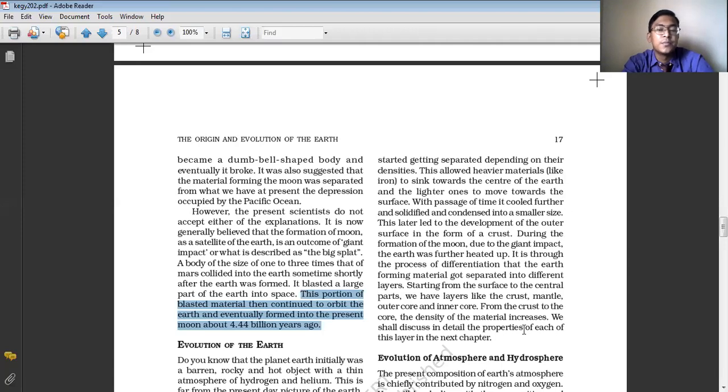Different scientists have come up with different theories to explain the origin of the Earth and the solar system. Through these theories we try to understand how the formation of the Earth took place and how the solar system came into existence. So this is what we had about our solar system and our moon, the natural satellite of the Earth.